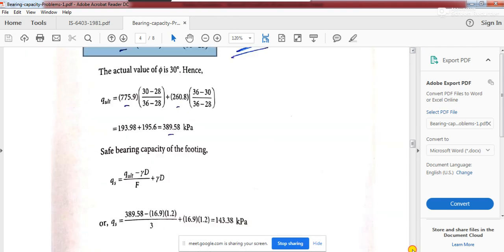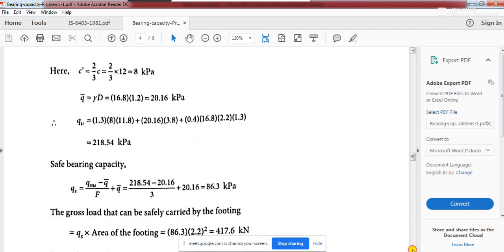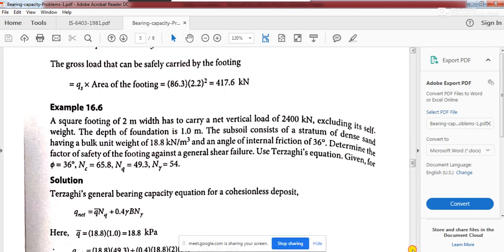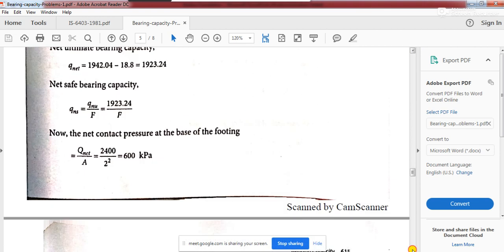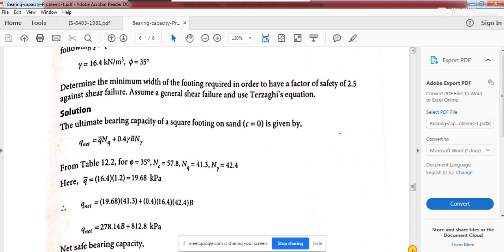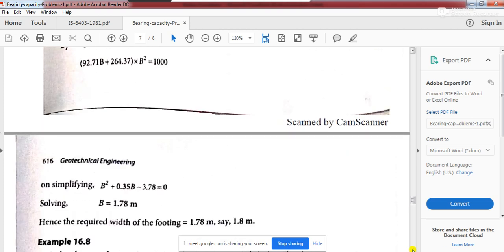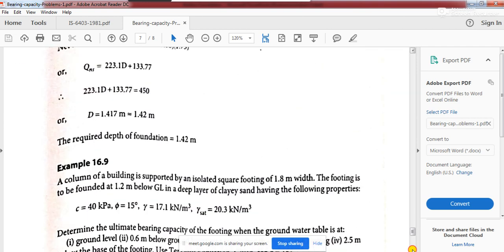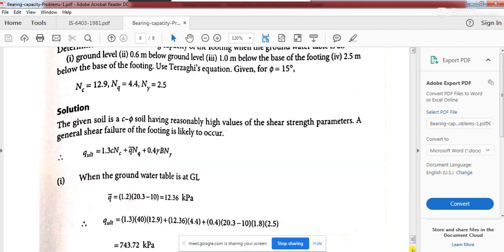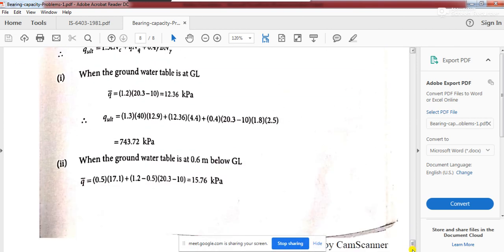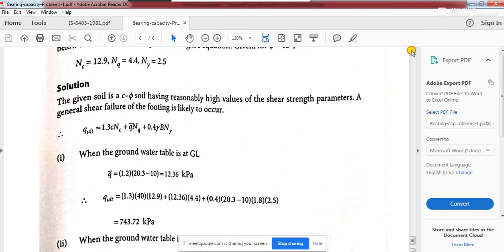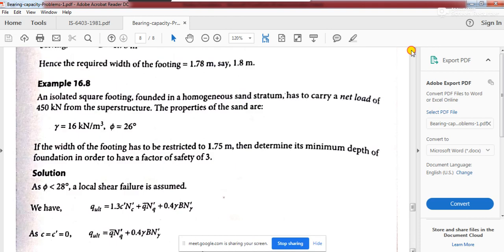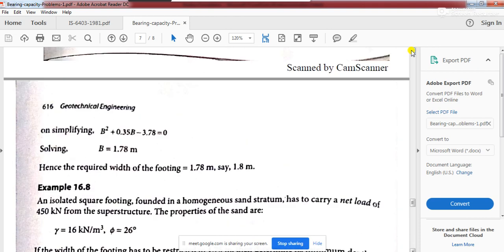So 16.3 problem you leave it, but other than that, other problems you try on your own. All the problems you should be able to understand, whatever things we have discussed. So I request all of you, please go through the PDF of problems I have shared with you, leaving the 16.3 problem. 16.3 problem in a single class I will discuss with you separately.